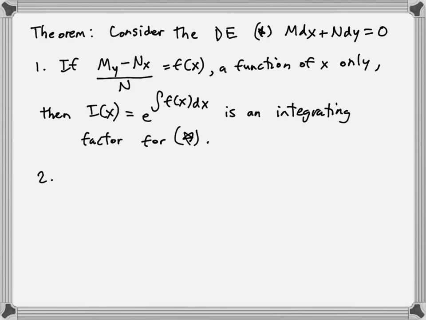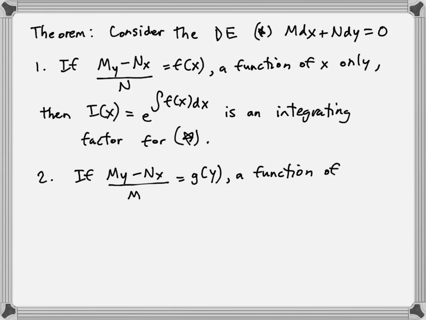Now, what's the second part of this theorem? Suppose that doesn't work, right? Let's say you do My minus Nx, you divide it by N, and you do not get a function of x alone. Well, you can also do it the other way. What if My minus Nx divided by M is equal to g of y, a function of y only?